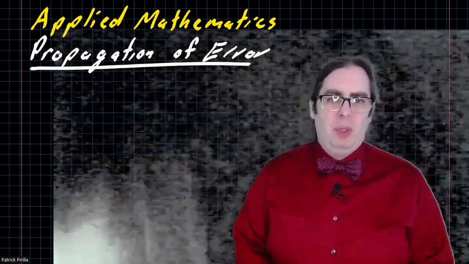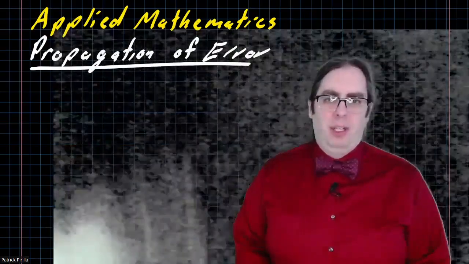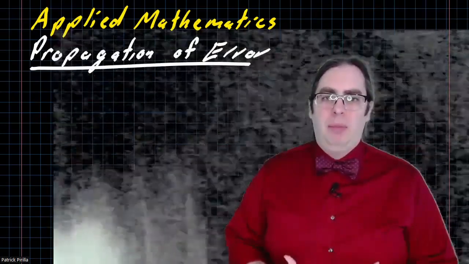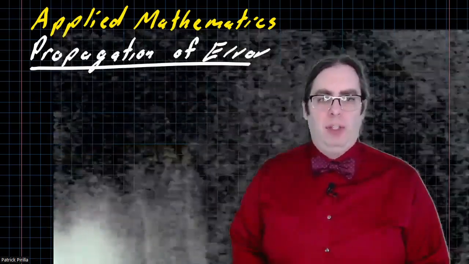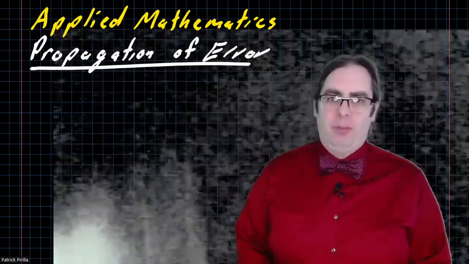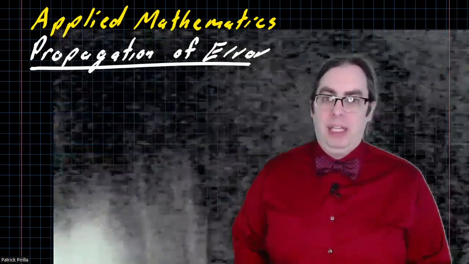In this video, I want to work through the idea of propagation of error. This mouthful of a title describes the concept of determining how precise a calculated value is given the accuracy and precision of the initial measurements.